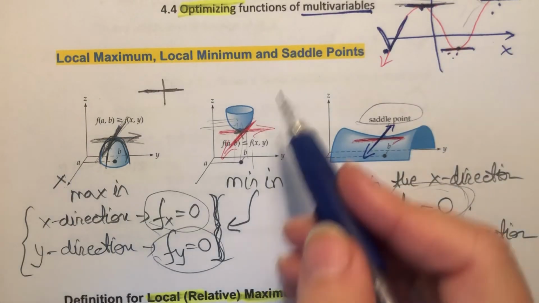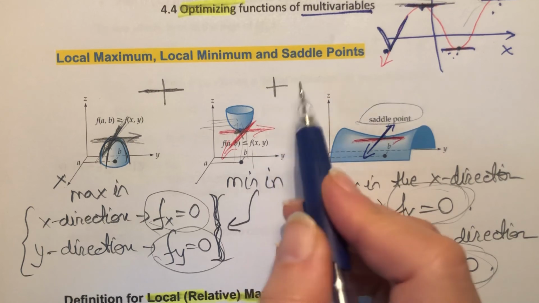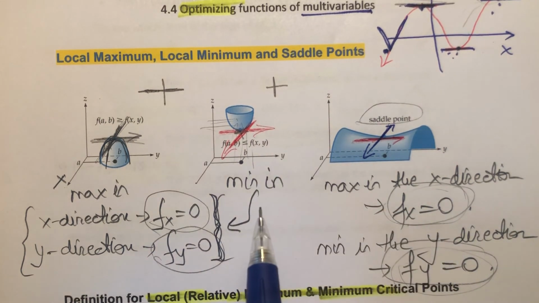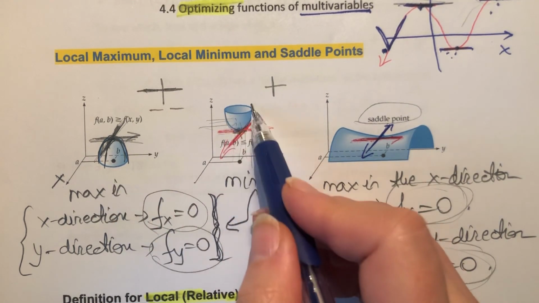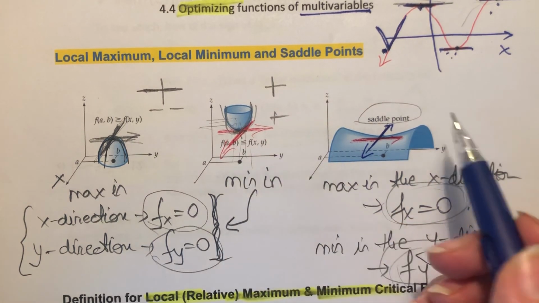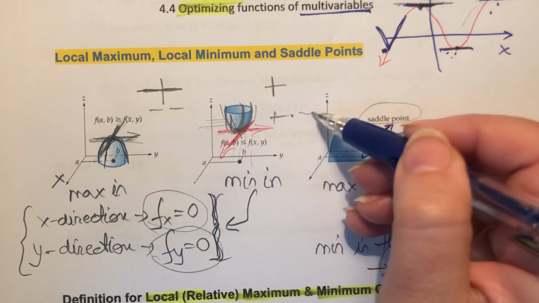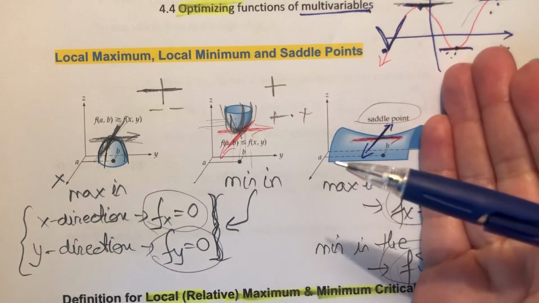Again, that D value could come up positive because of the two minuses, since they're both looking down. In a minimum, you have a concave up in the y direction and a concave up in the x direction. So you multiply two positive values, and that's why D came up positive.